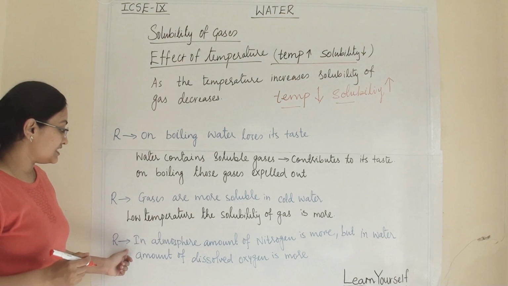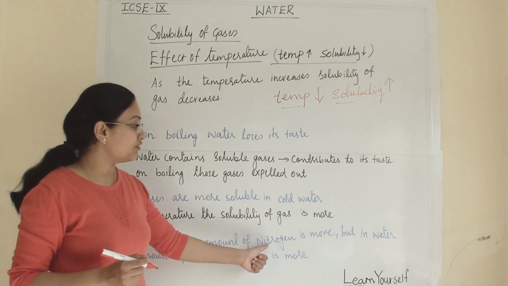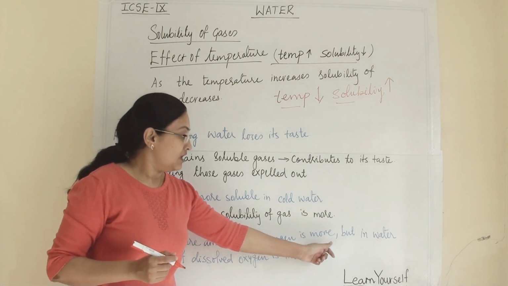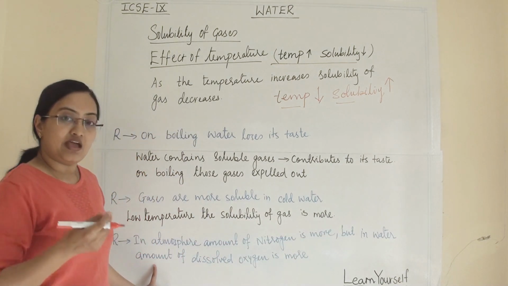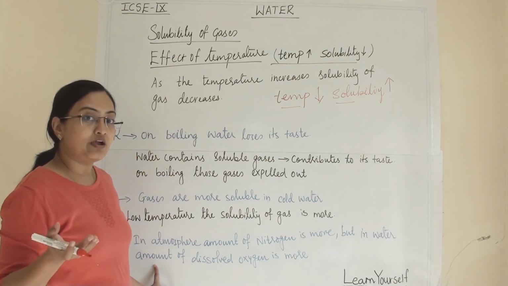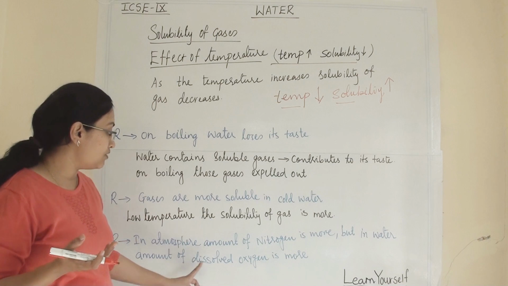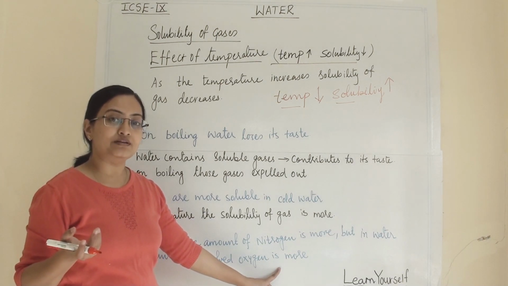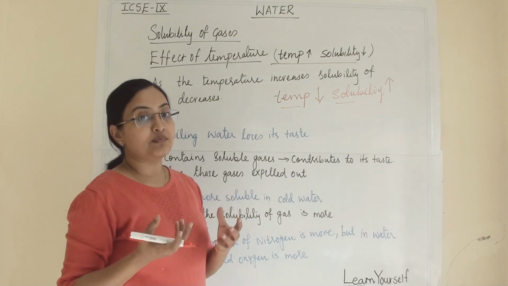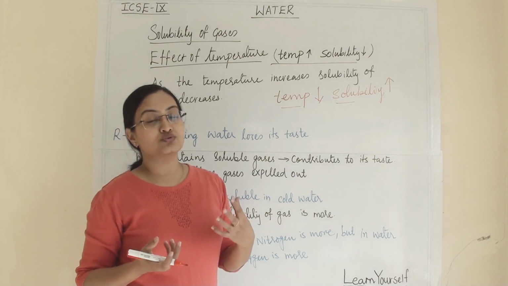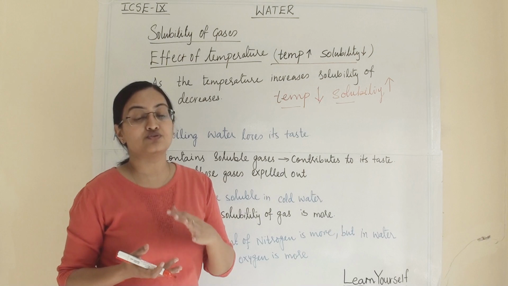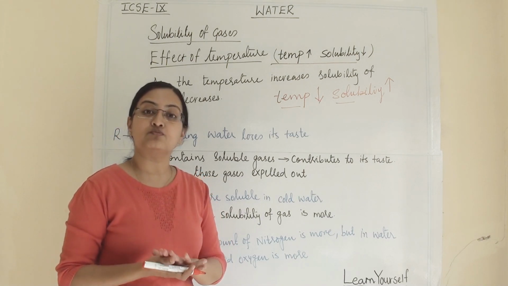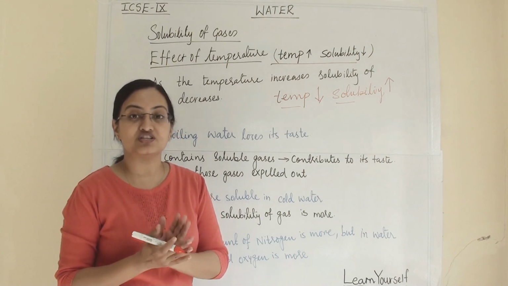Now the third reason is, in the atmosphere the amount of nitrogen is more, but in water, any reservoir water, any lake water or pond water, the amount of dissolved oxygen is more. Why does this happen? All the gases present in the air are likely to dissolve in the water, and in the atmosphere the amount of nitrogen is more.